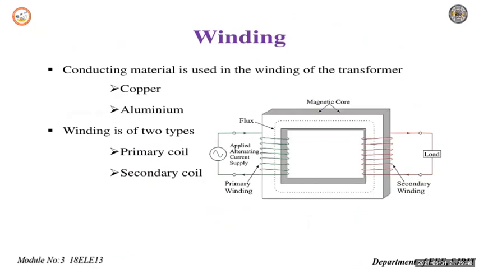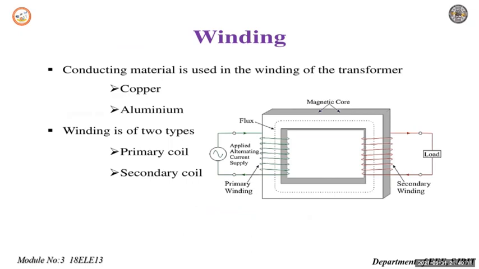Because of the voltage drop across the primary and secondary impedances, it is observed that the secondary terminal voltage drops from its no load value to its full load value as load current increases. This decrease in the secondary terminal voltage, expressed as a fraction of the no load secondary terminal voltage, is called the regulation of the transformer.